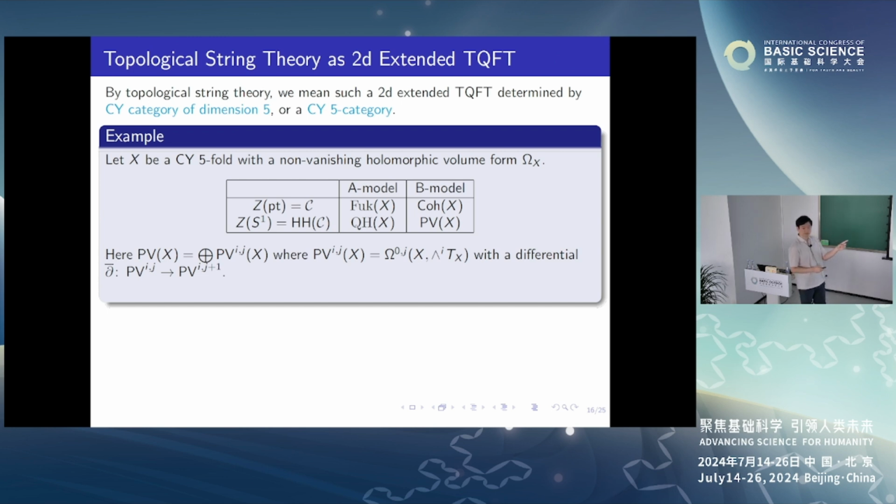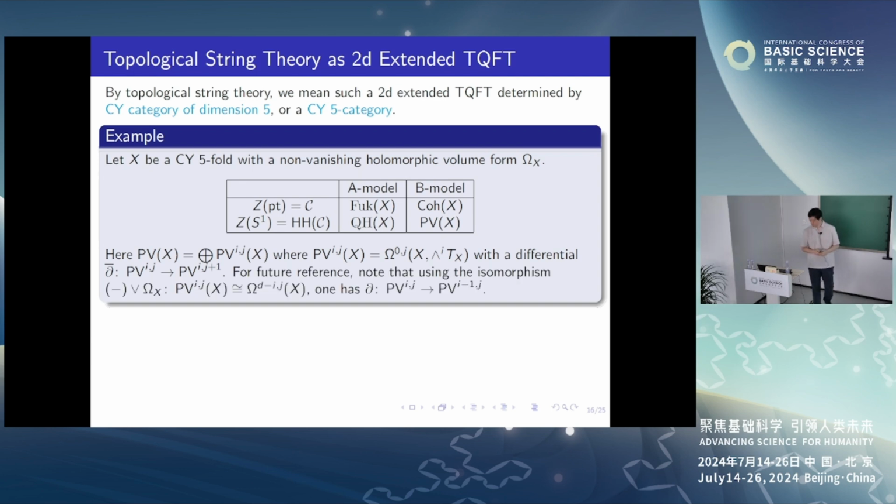Polyvector fields play a much more important role for us. So I'm defining here a direct sum decomposition PV^{i,j}, and PV^{i,j} looks like this: the exterior power of the holomorphic tangent bundle with the anti-holomorphic direction, and it has a ∂-bar operator as well.